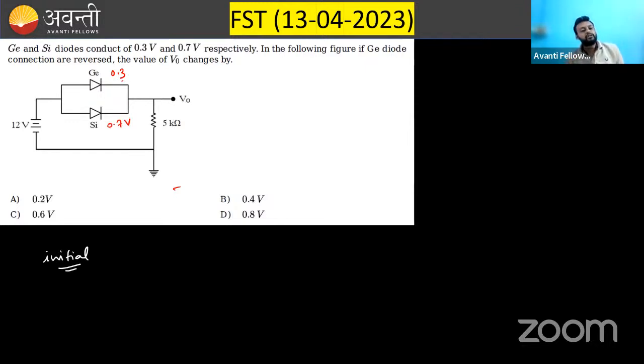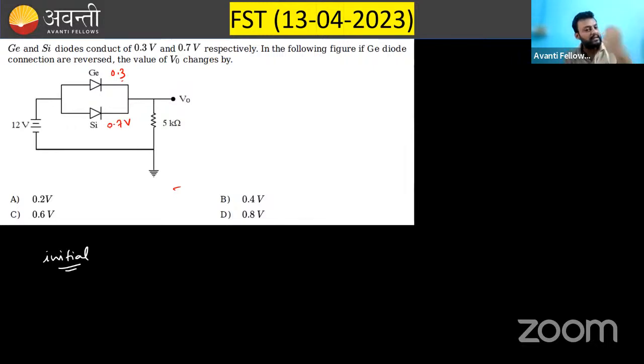But which diode will conduct first? Germanium will conduct at 0.3 volt and silicon will conduct at 0.7 volt. So which of the diode will conduct first? You will say that germanium will conduct first.